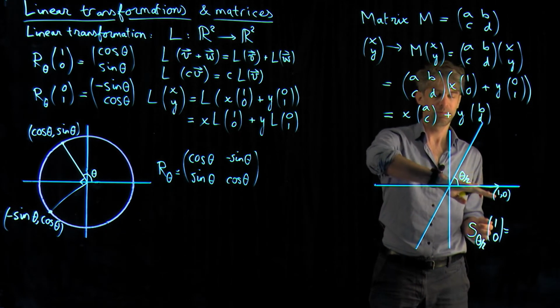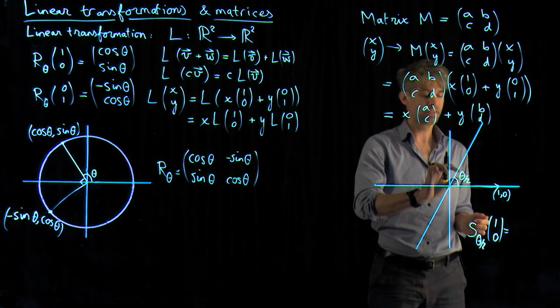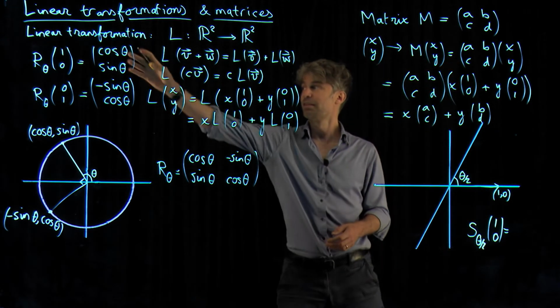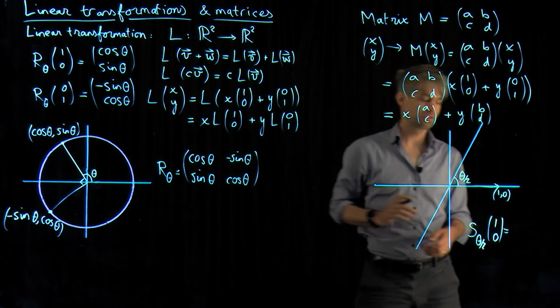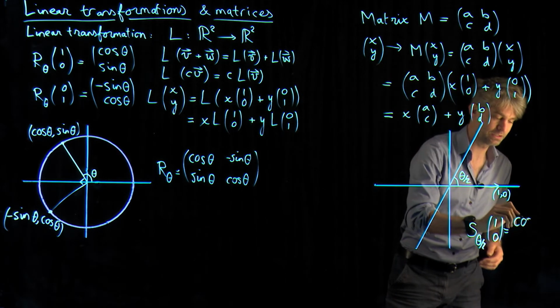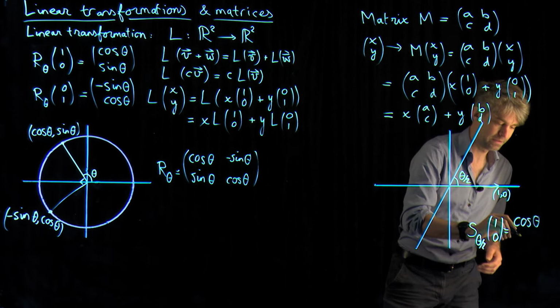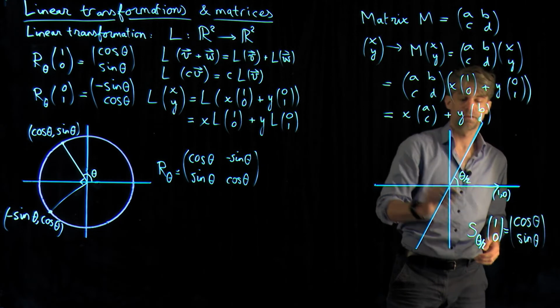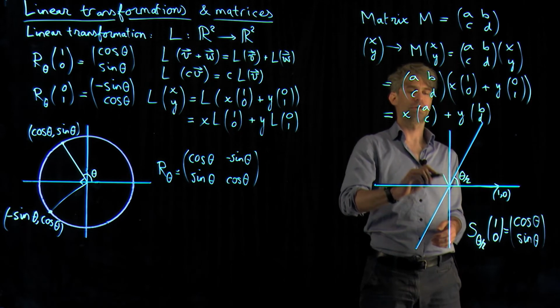It's just really a rotation under an angle theta. So it ends up at exactly the same point as it does on the rotation. So it's again cosine of theta, sine of theta. So somewhere over here.